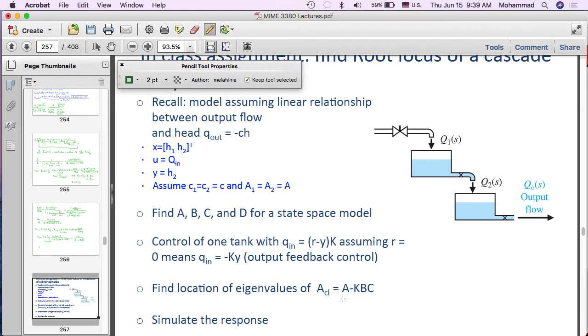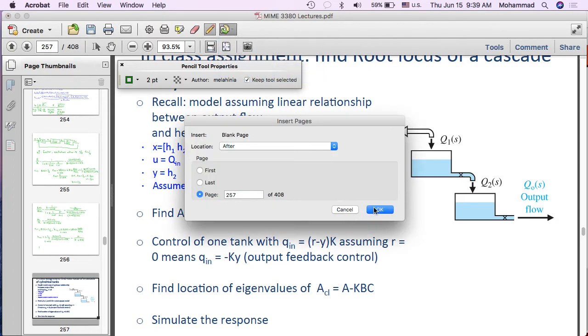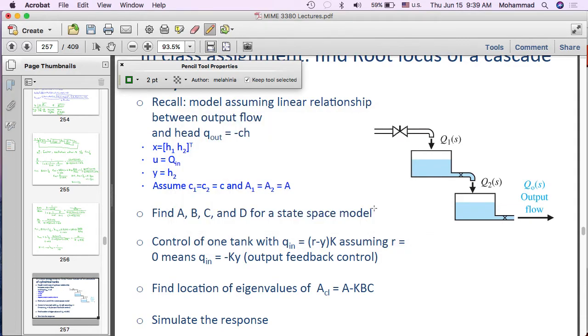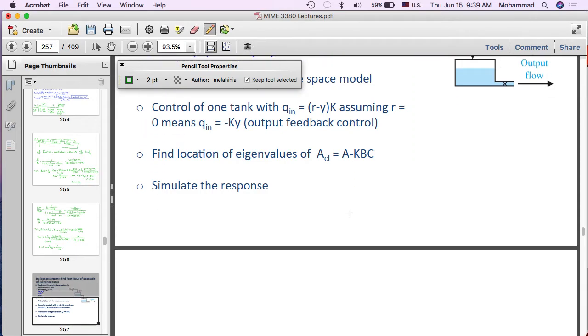Of course, we also need the B and C matrices, because in calculating the closed loop A, we need those two matrices. Let me remind you, if we have the A, B and C matrices of the open loop, we can find the closed loop A matrix.